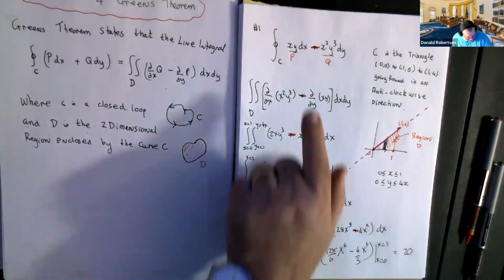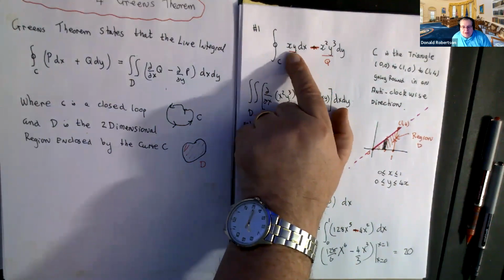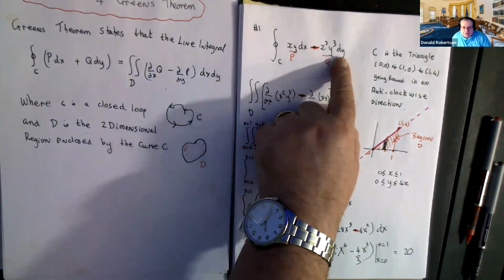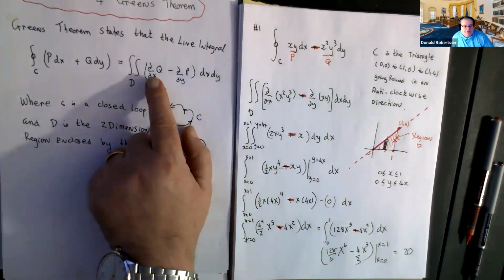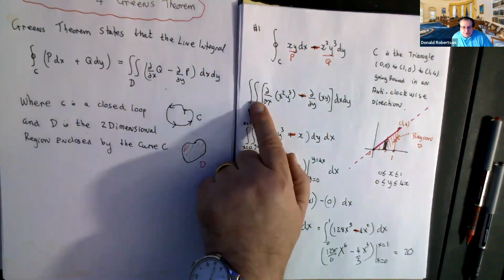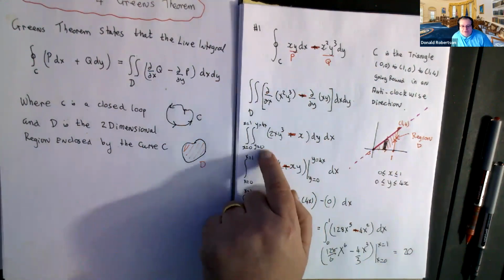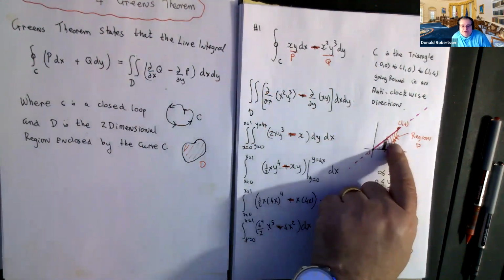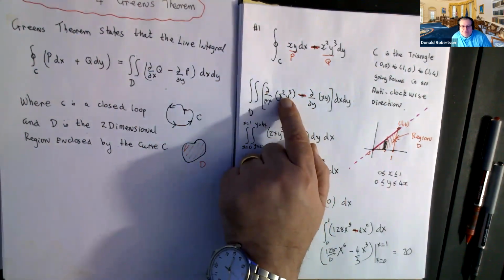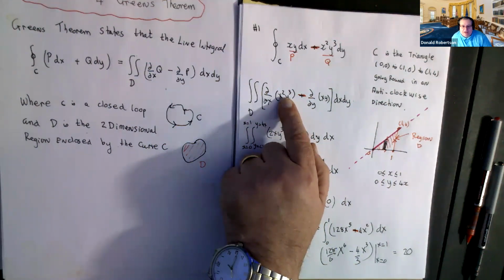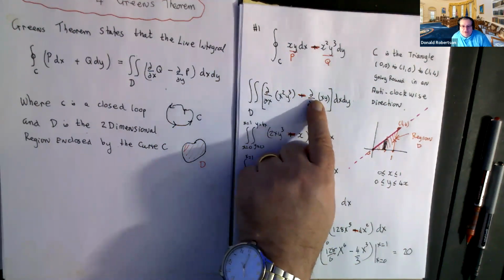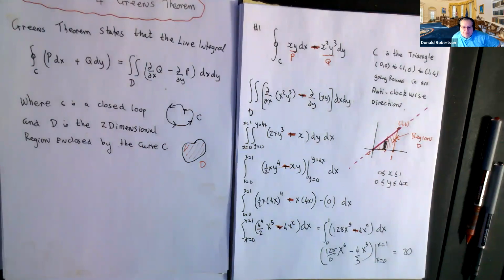What you're going to get is you're going to be asked to do this line integral. You're going to use this theorem that allows you to turn it into a double integral. You're going to figure out what the region is and set up the limits of integration that match this fella. And then you're going to differentiate this guy with respect to x and this guy with respect to y.